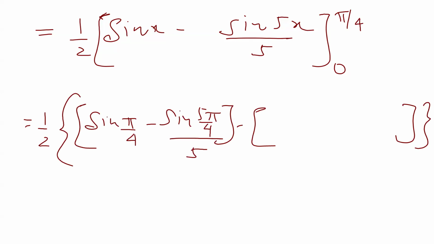Put the value of x as pi by 4 in the first box, and in the second box put the value of x as 0.